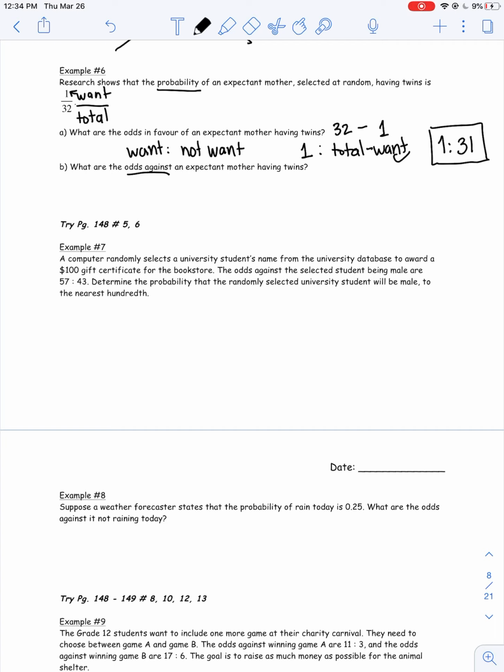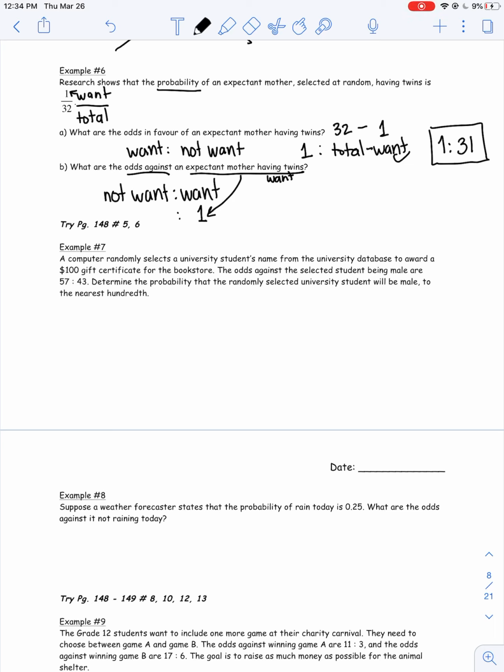Now they want odds against an expectant mother having twins. Odds against is what we write as not want to want. Our want is expectant mother having twins. So we already know that there's only one mother that is going to expect to have twins, and that's our want. So this statement right here is always your want.